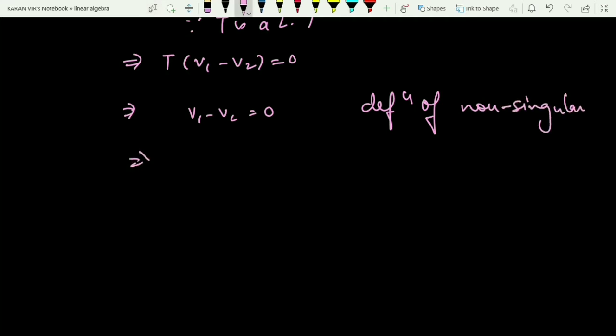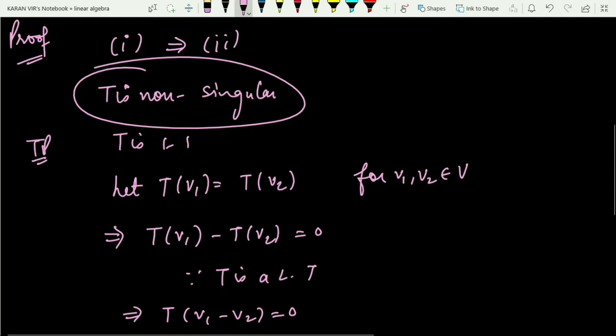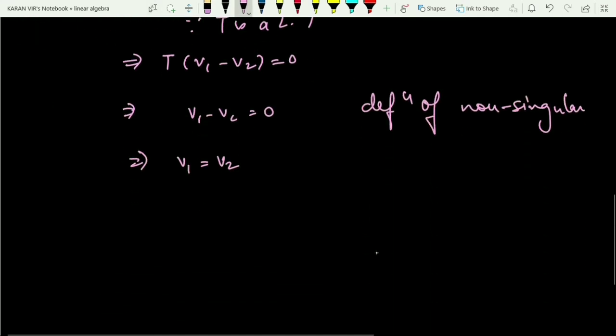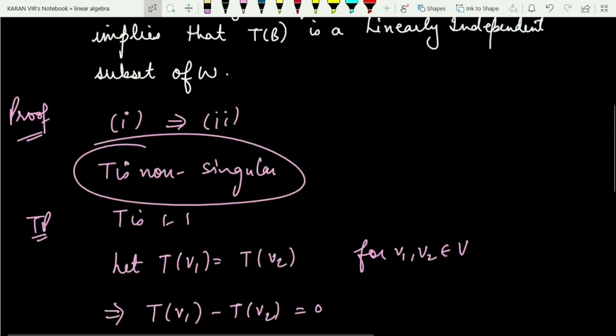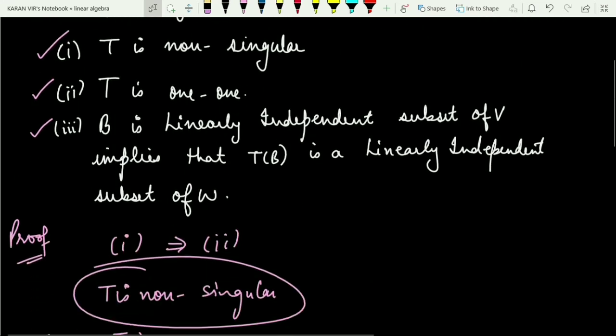Which implies that V1 equals V2. So you considered T of V1 equals T of V2 and finally you proved that V1 equals V2, which implies that T is 1-1. So this implies that 1 implies 2. That is, if T is non-singular, you proved that T is 1-1.